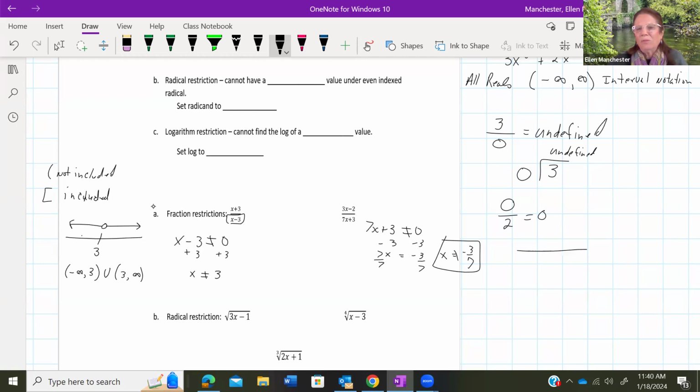If there was a number line and I had -3/7 here, it would be all the values below and all the values above. In MyMathLab, one scenario of the answer is all reals except -3/7. Or, if it was interval notation, it would be all the values below -3/7 and all the values above -3/7. Okay, so everyone good with that?